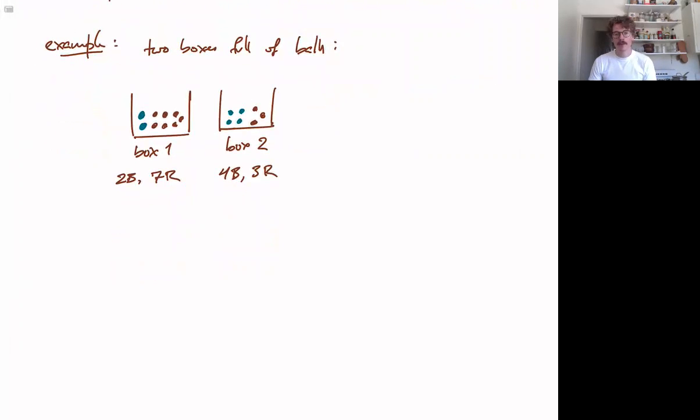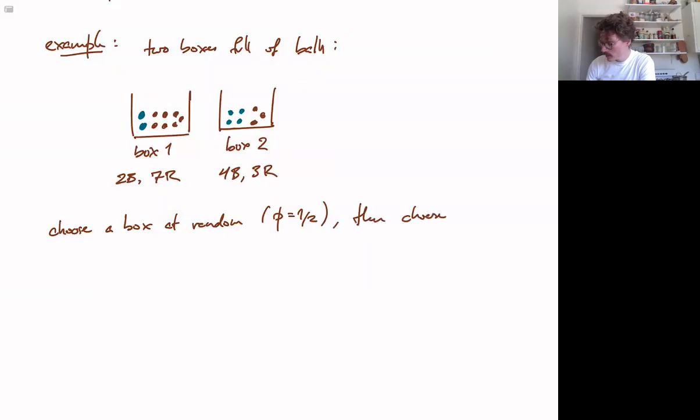So let's consider the following problem, or the following sort of procedure. Choose a box at random, and let's do it uniformly, in the sense that the probability of choosing each box is 1/2. Then choose a ball from that box, again, uniformly at random.